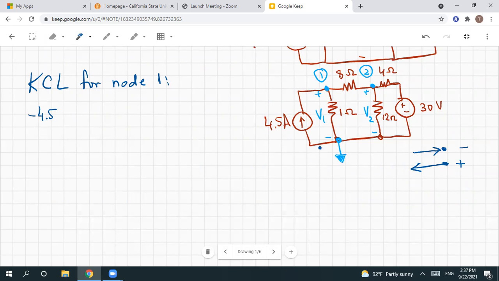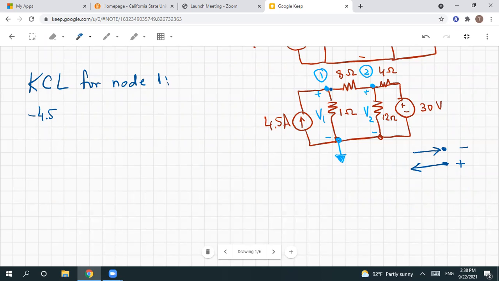4.5 amps. No. So how to express the current going away from node 1 through this resistor? V1 minus 0 divided by 1. Yes, exactly. So if you want to express all the other currents, you need to take the voltage difference divided by the resistance.